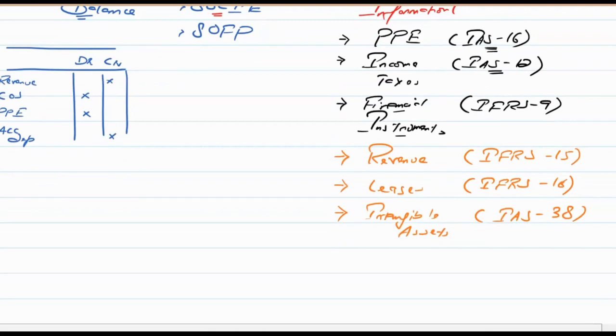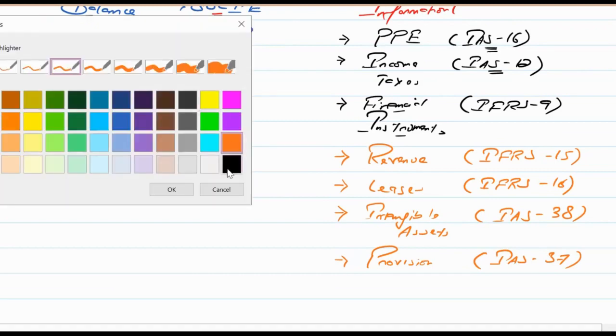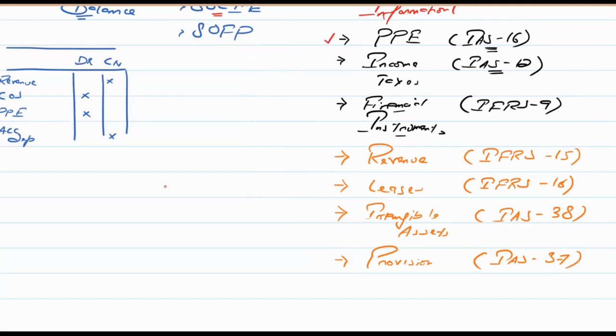And sometimes from provisions, contingent assets, and contingent liabilities, which is IAS 37. But the regular ones, which are always tested, are property, plant, and equipment, income taxes, financial instruments, and then we have the revenue, leases, and intangible assets. So we are going to discuss them one by one.